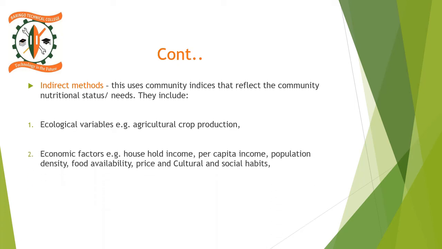The second one is economic factors, which include household income, per capita income, population density, food availability, and even food prices. And finally, the third one, cultural and social habits. For example, in our Kenyan culture, there are some communities that prohibit women, or it is a taboo for women to consume eggs, and this may actually affect the nutritional status of women.